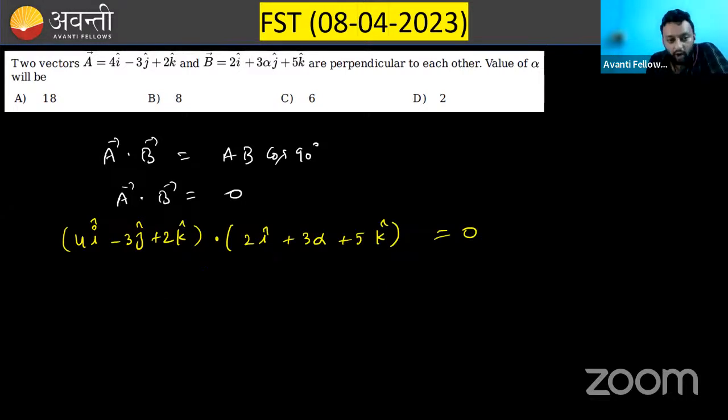Now, when you are doing dot product, what is the specific rule? Multiply I with I, J with J, and K with K. That's what we need to do.